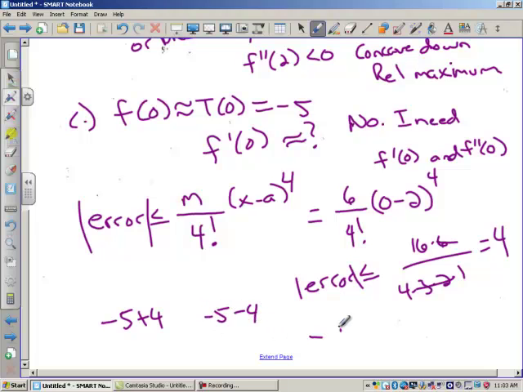So somewhere between negative 9 and negative 1, that's where f of 0 actually has to be because of this error statement. I approximated it to be negative 5. My error is 4, so you go plus and minus with your error, and you can see that f of 0 has to be negative. It's somewhere between negative 9 and negative 1. Therefore, f of 0 is negative.